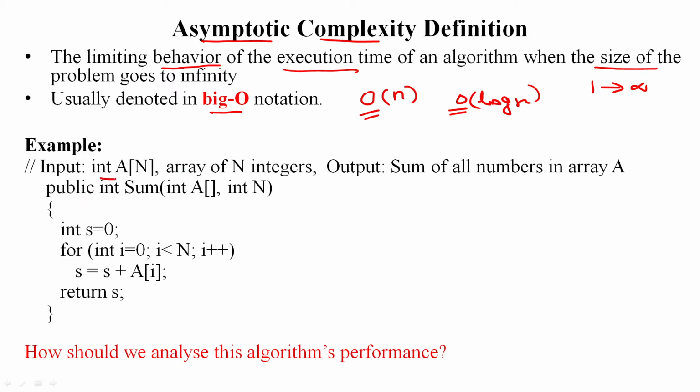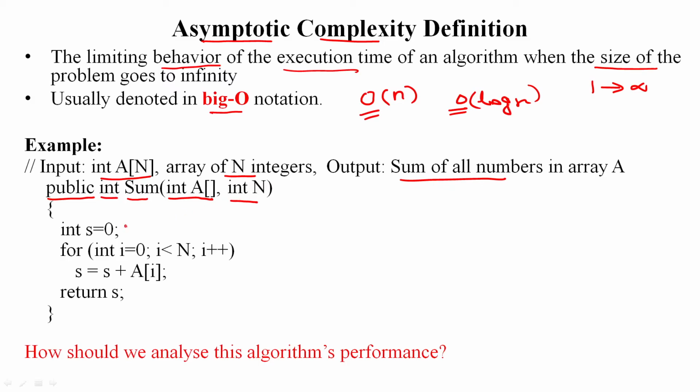The input is an array of n numbers, where n is the number of integers. The output is the sum of all numbers in the array. Here the method is defined in Java. Public is the keyword. Then int is the return data type. sum is the method name, which takes two arguments: one is the array a, the second is n, the number of integers.